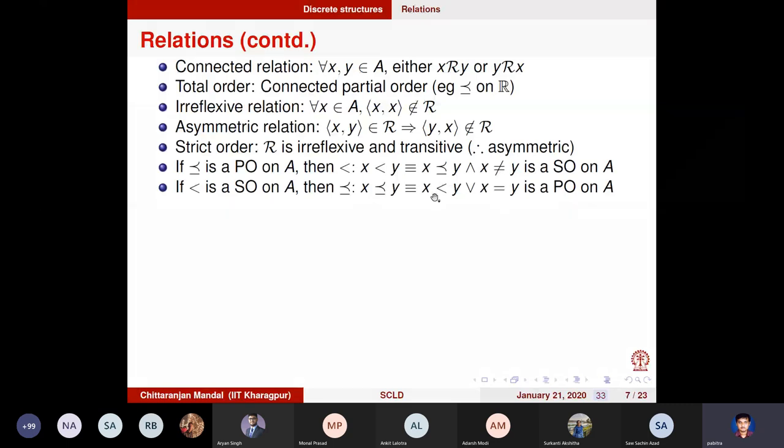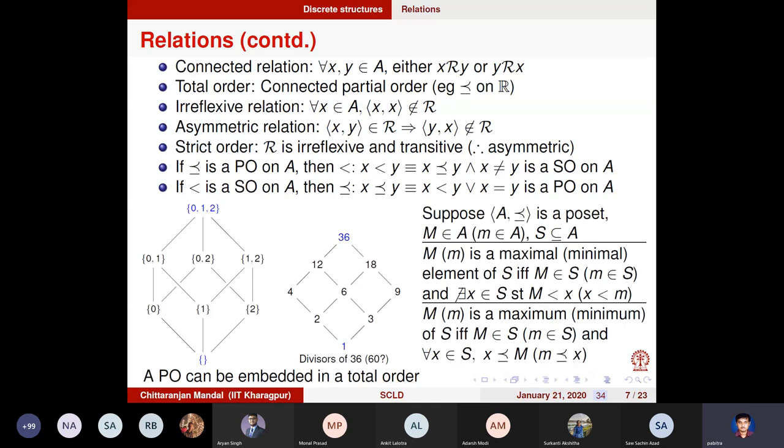Then this new relation is a partial order. Okay. You can take any example and work this out. Say divisibility. Divisibility is a partial order, and if you don't consider a number dividing itself, then it becomes a strict order.